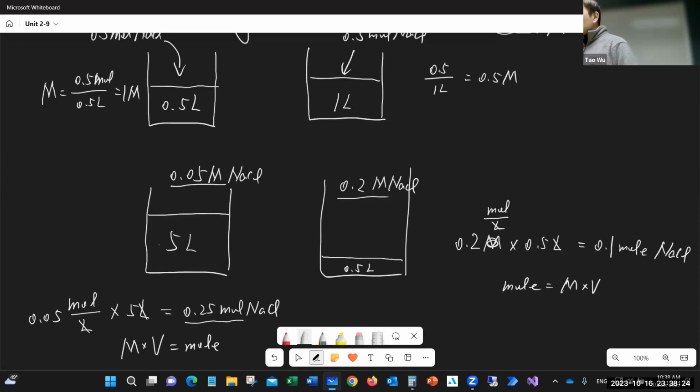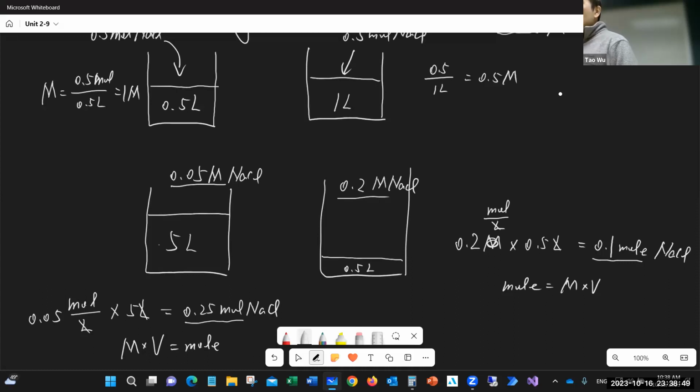So you see, on the left side, we have a lower concentration, but we do have more moles. That's because we have a really large amount of water, the solution, in there. But on the right side, we have a higher concentration, but less volume, so the moles of sodium chloride get less.